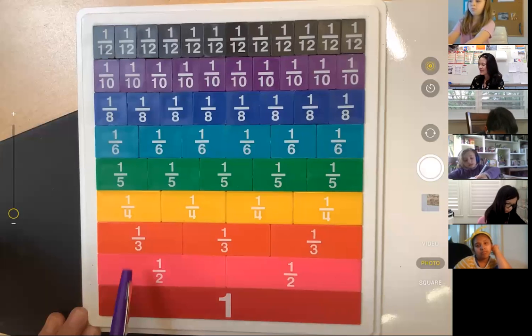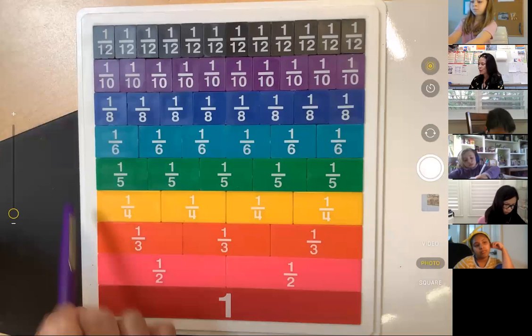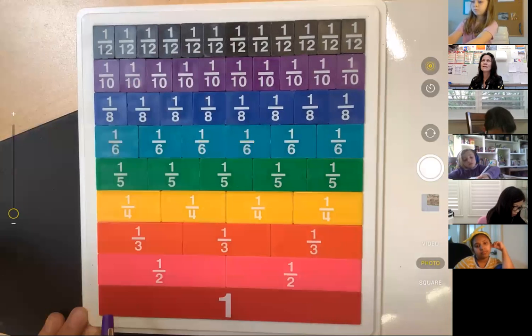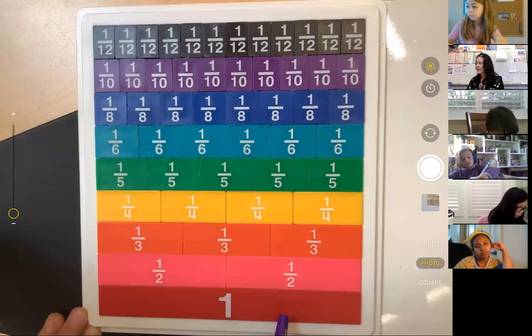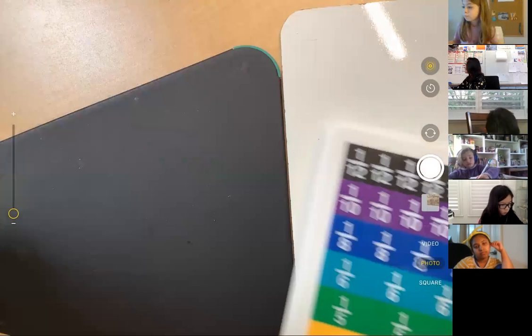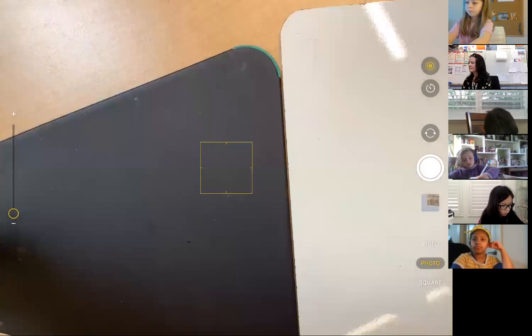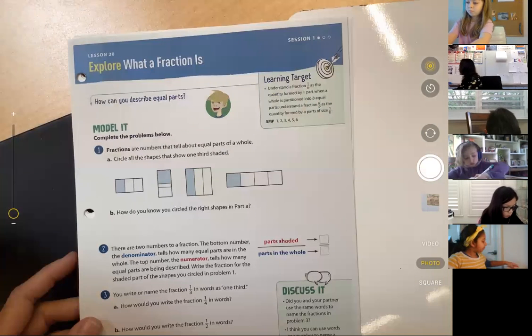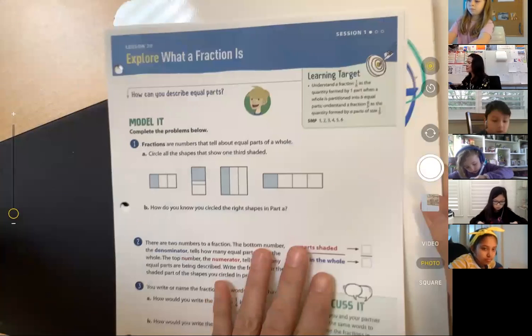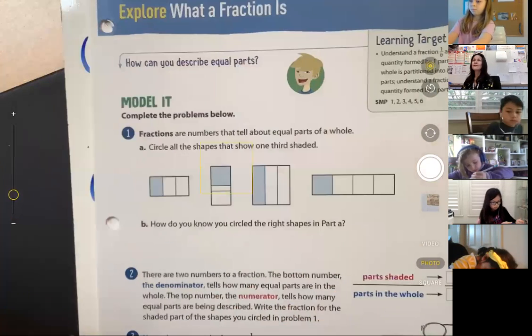So please, friends, try to remember this visual, these fraction tiles and bars that you are seeing right now. All right. So you should have page 459 in front of you right now. And we're going to talk about that now. Please make sure you are taking notes as you're following along.